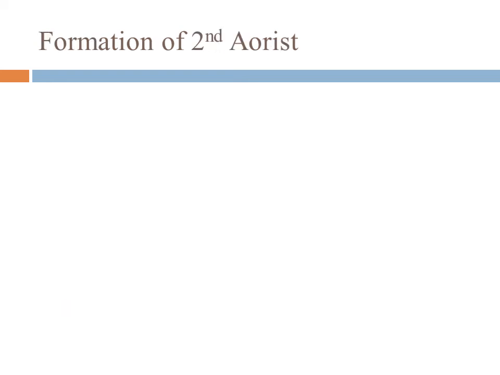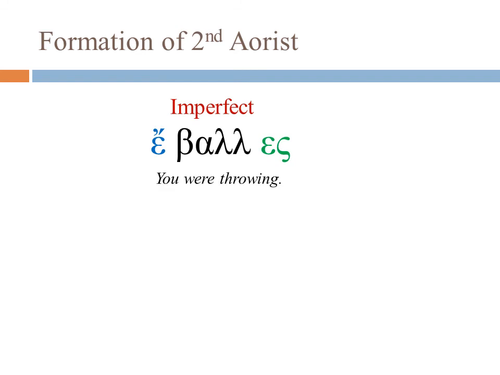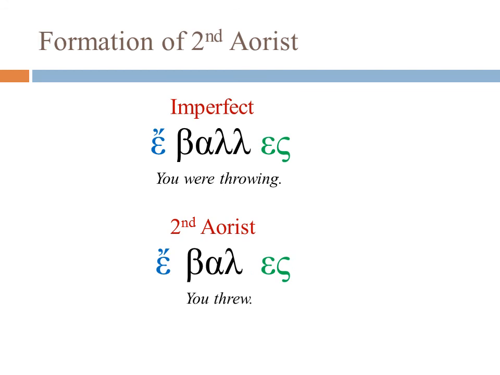So the imperfect would have been ball with two lambdas, the epsilon before, and then secondary endings. And we would have had ebales, you were throwing. The second aorist is the aorist stem, one lambda, with an epsilon in front of it, and the same secondary endings, and you threw. As you see, the difference between an imperfect and the aorist is this stem.